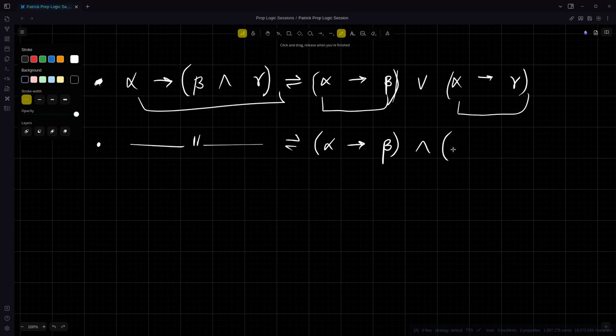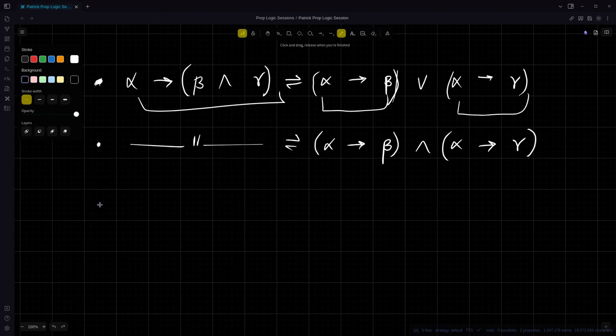That's why I said even if you put a conjunction there, it's not going to make a difference. And guess what? Even if I put an implication, it's going to work.